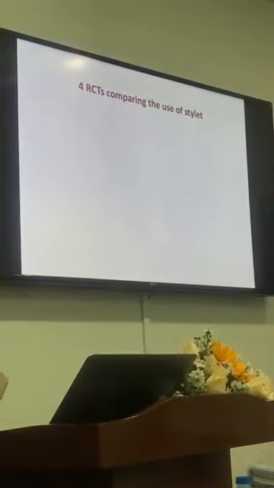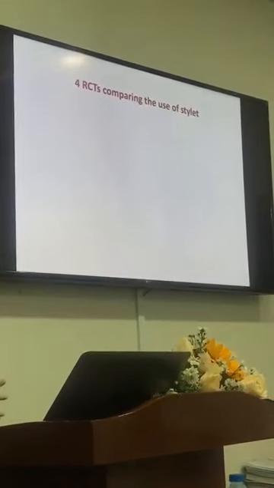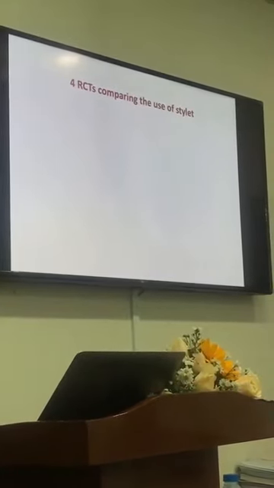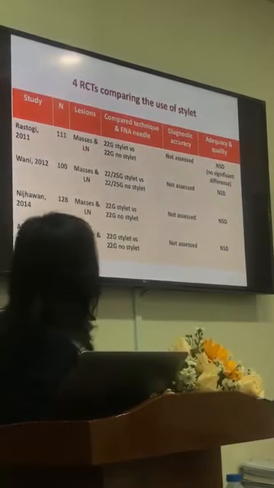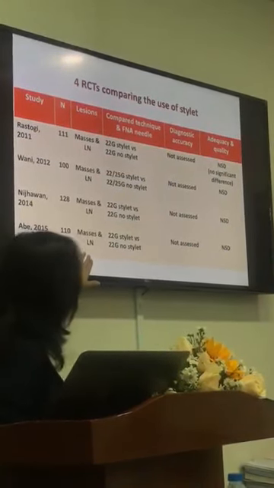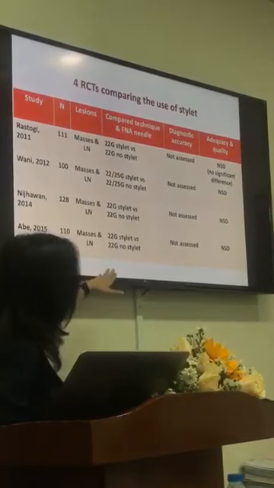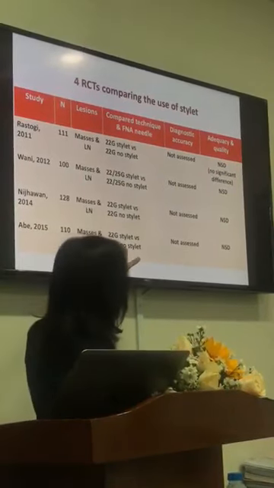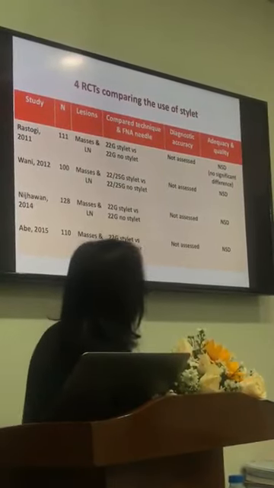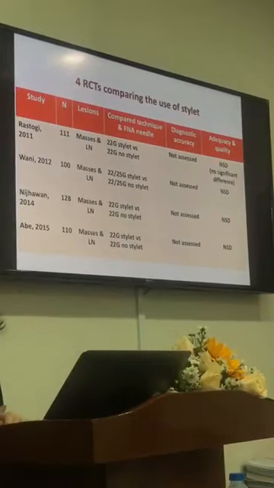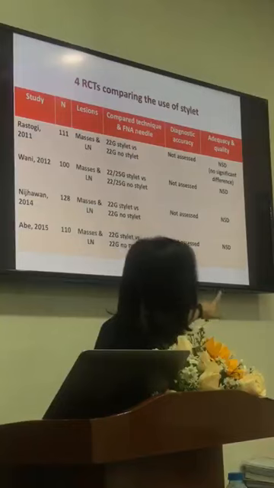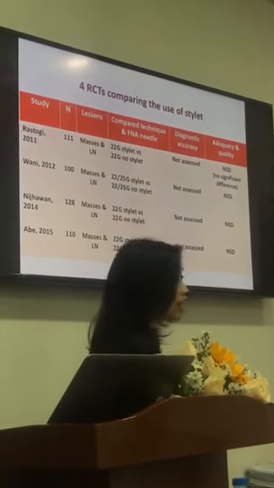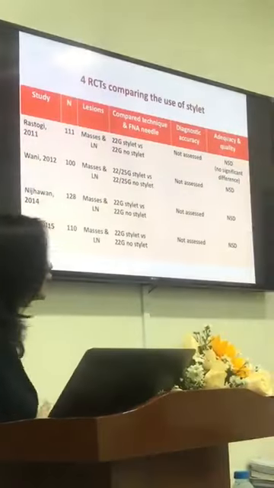What about the use of stylet? There are 4 RCTs comparing the use of stylets. These studies have been done mainly on pancreatic and lymph nodes. The majority of the needles being used is 22 gauge needle. Some of these use 25. And what the data show is that there is really no significant difference when it comes down to tissue adequacy and quality.